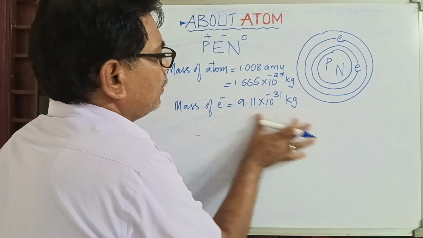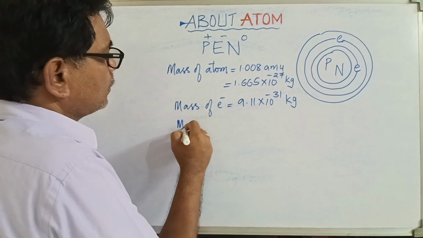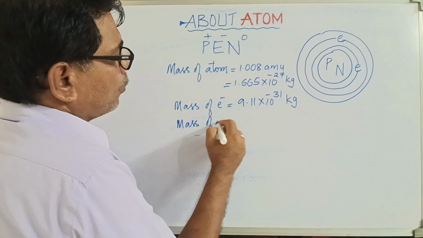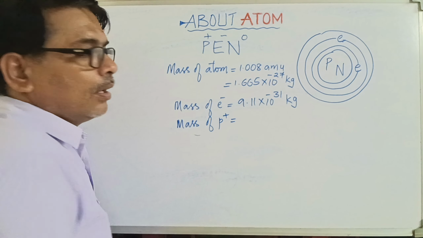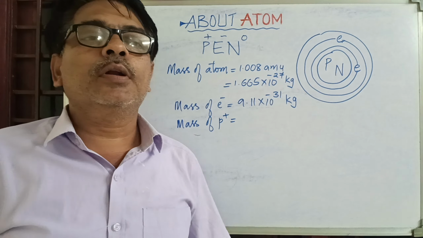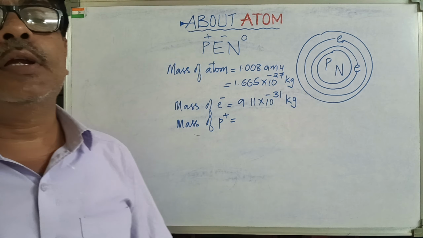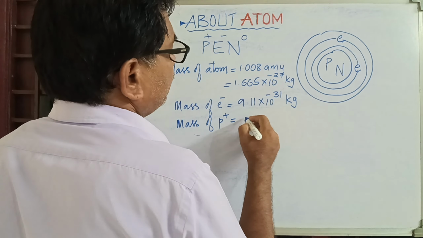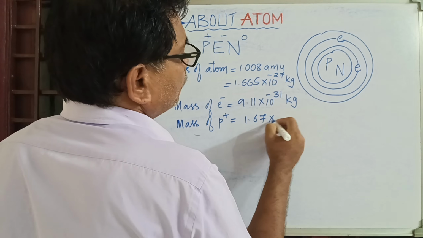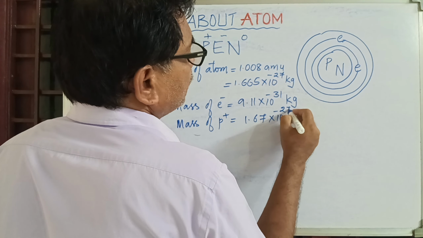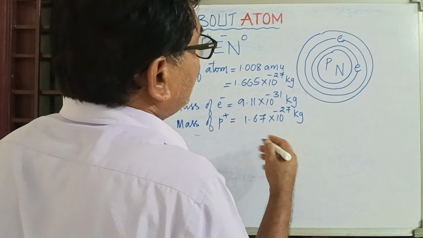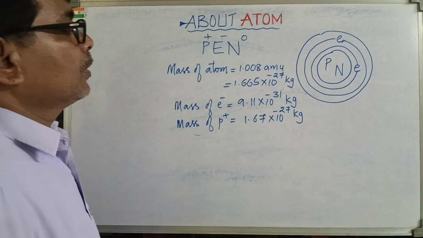So it's very minute. Then coming to the mass of the proton, it is 1.67 into 10 to the power of minus 27 kg. A bit better than the electron.